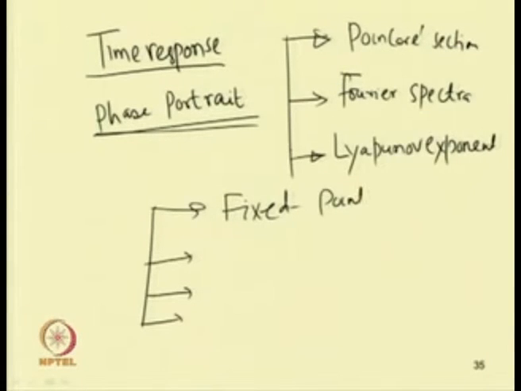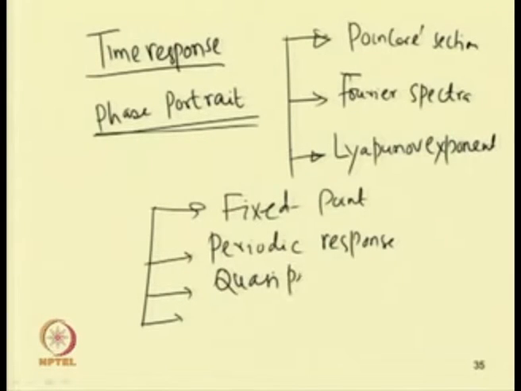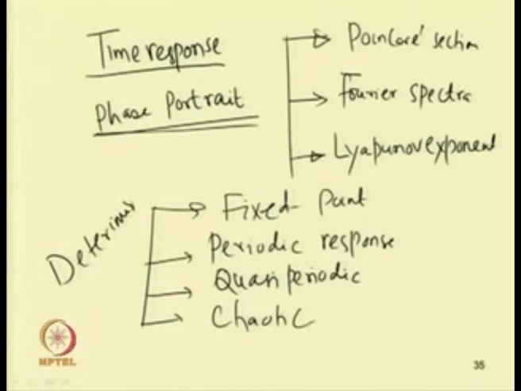Also, we have periodic response. Also, we have quasi periodic response, and we have chaotic response. So, for a deterministic system, we have these 4 different types of response.